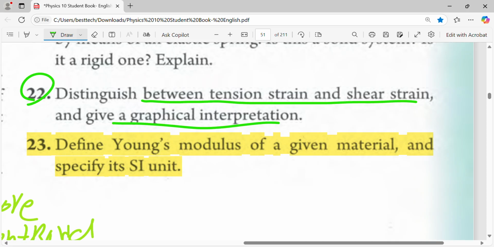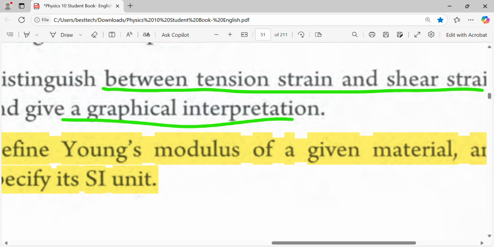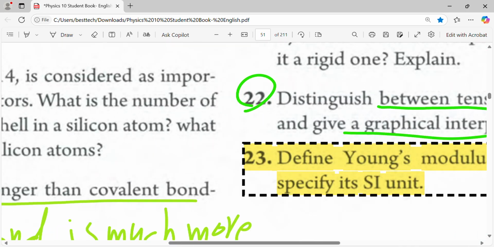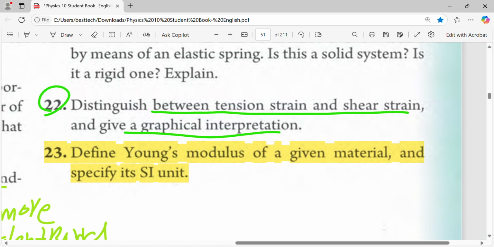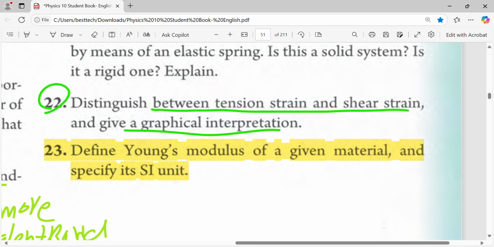Guys, look, in general this is wrong; it should be tension stress, not tension strain.